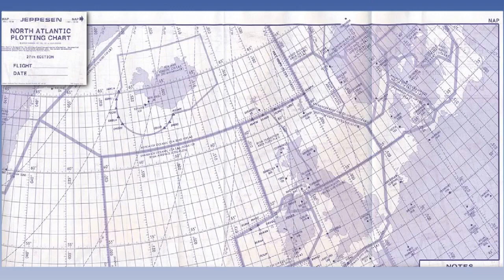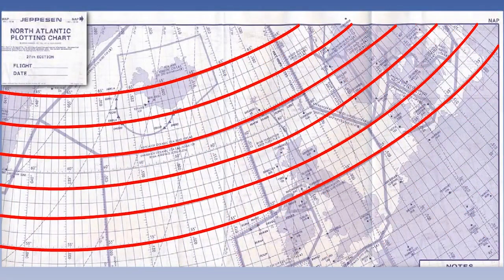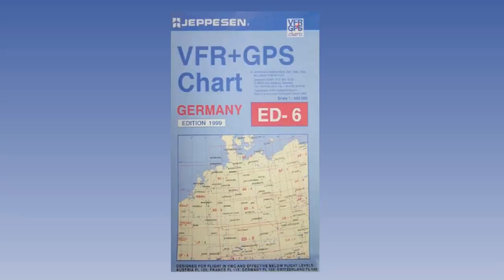For instance, on this Jeppesen North Atlantic Lambert's chart, which is on a scale of about 1 to 10 million, it is obvious that the meridians converge and the parallels are curved. Although, when using a half-million, such as this ED6, at first glance you might think that you were dealing with rectangles.